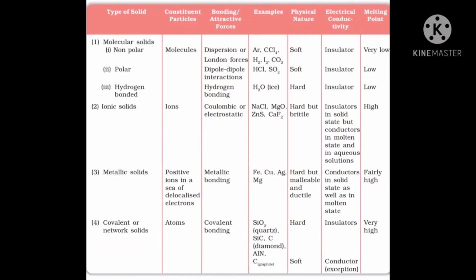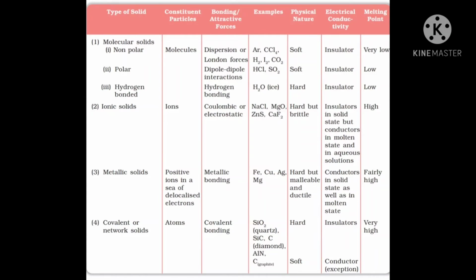Examples for non-polar solids are argon, carbon tetrachloride, hydrogen, iodine, and carbon dioxide. They are very soft insulators and their melting point is very low.